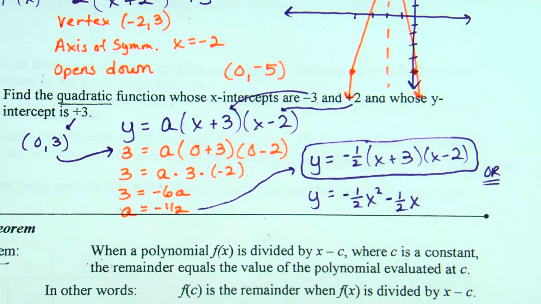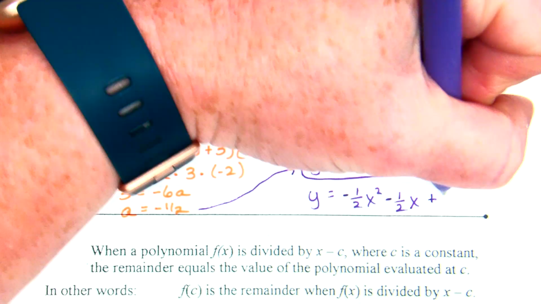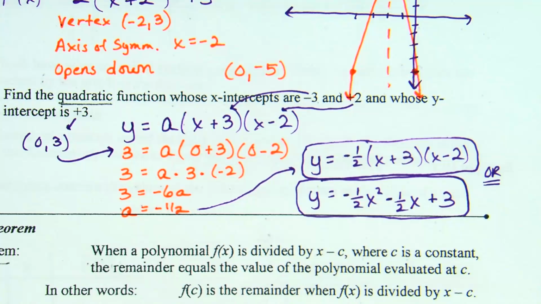And then lastly, 3 times negative 2, negative 6, times the negative 1/2, plus 3. That's something you guys would do on your own, possibly. Maybe not, but some of you would, I know. Some of you are looking at me like, oof, that was too much of a stretch.